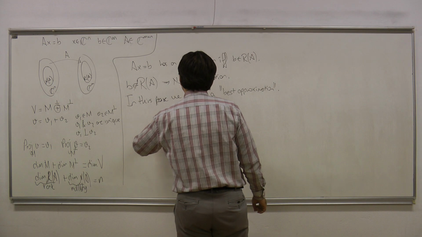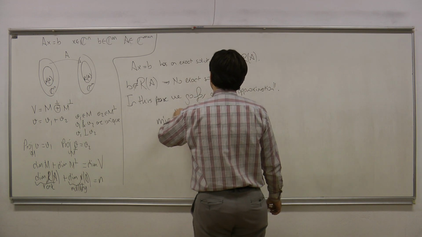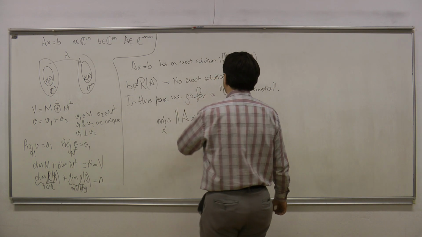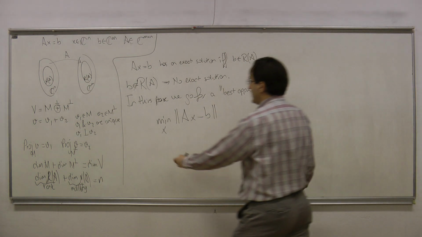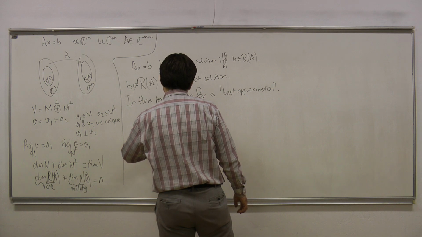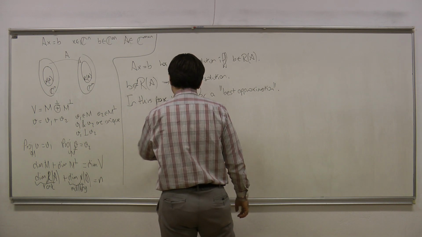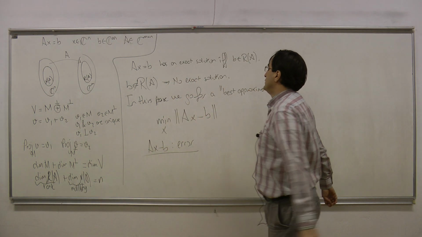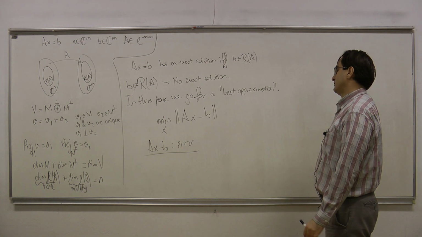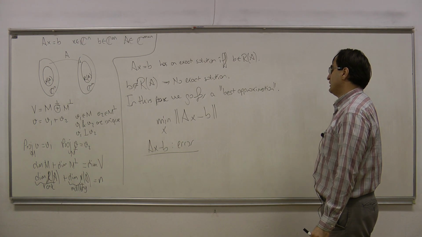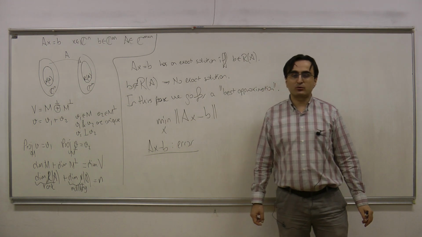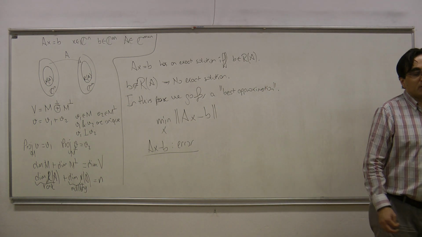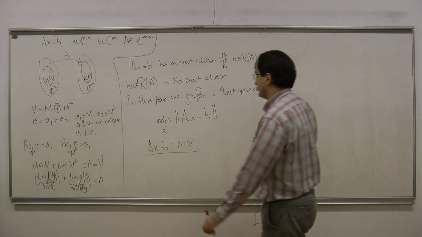Minimize with respect to x the norm of Ax minus b. So Ax minus b is called the error. We want to minimize this cost here, and the x that minimizes this cost function becomes our minimum error solution.